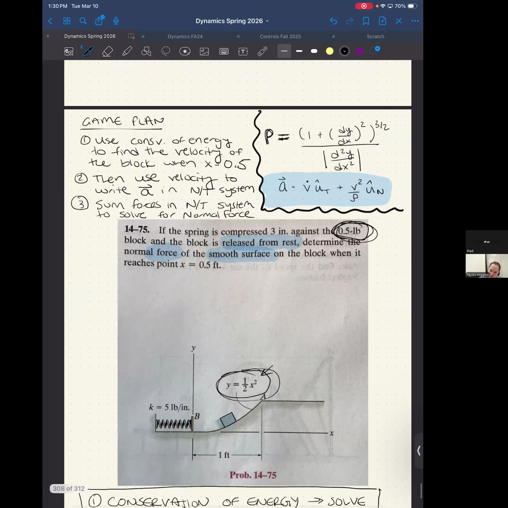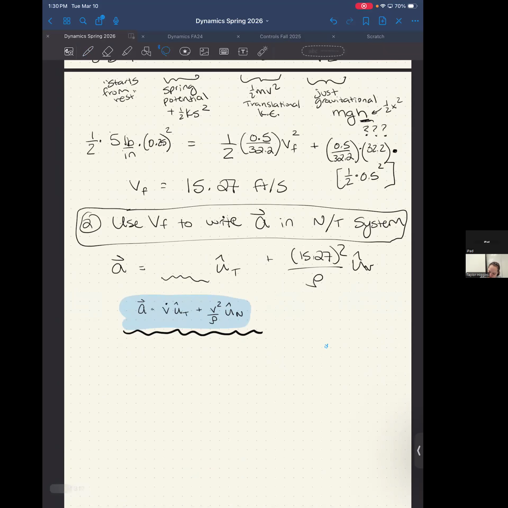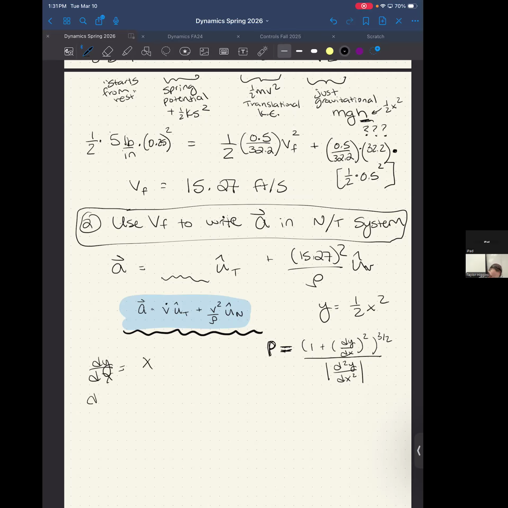So let's grab my rho equation. Okay, what is y equal to 1/2 x squared? So dy/dx should be x, d squared y/dx squared should be 1.